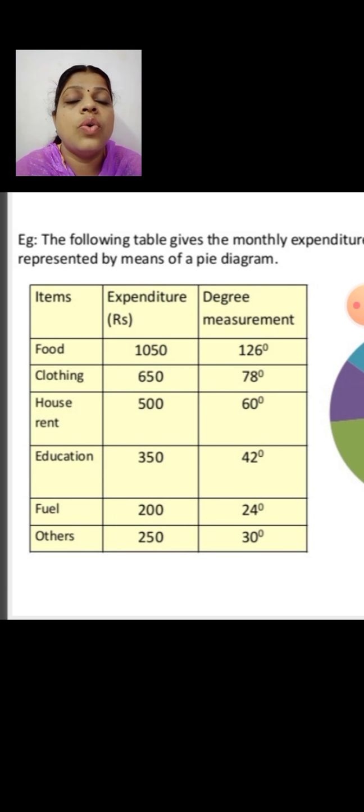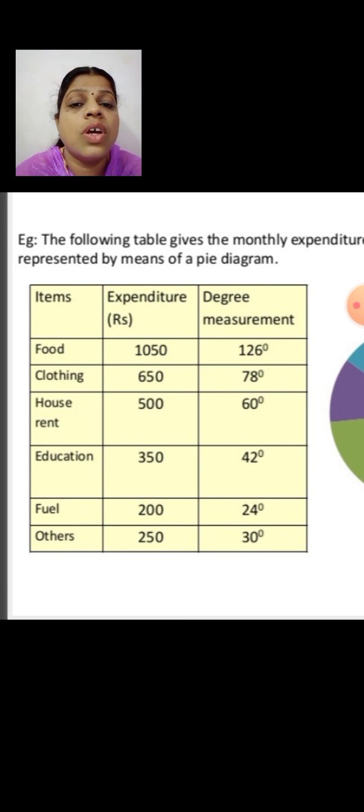And I told you that to represent this data, at first we have to convert it into angles, isn't it? Yes, into various degrees. And I told you the formula to find the particular angle for each item. What is the formula?